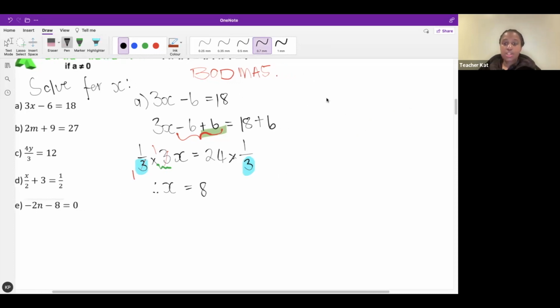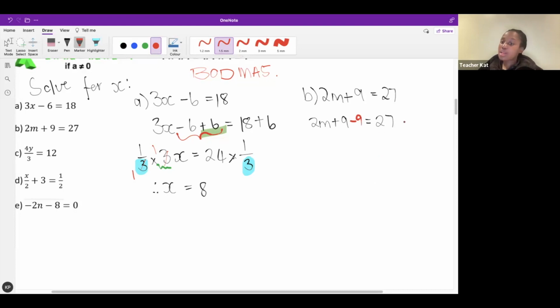All right, let's check B. B says 2m plus 9 is equal to 27. Once again, we're starting at the back, so we start with addition and subtraction. So from positive 9, how am I going to get rid of a positive 9? By doing the reciprocal or the inverse. What is the inverse of positive 9? Minus 9.